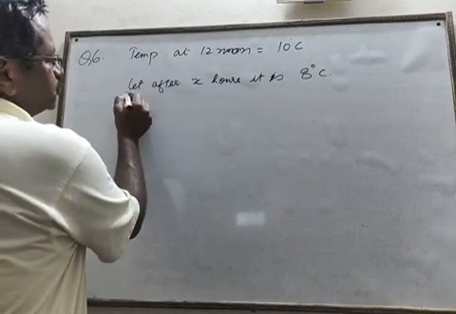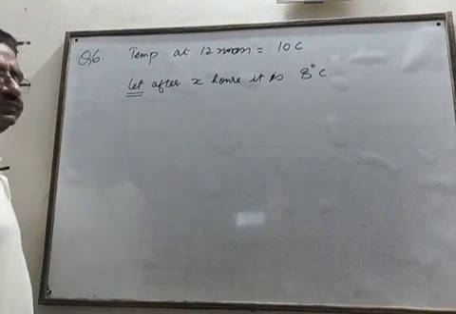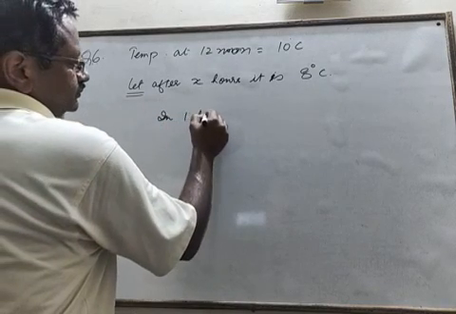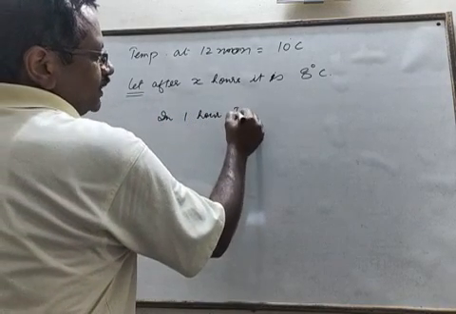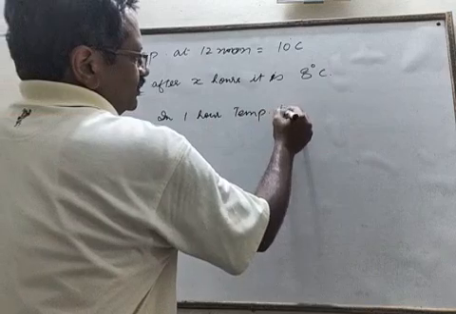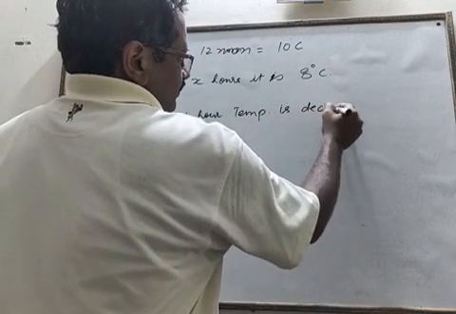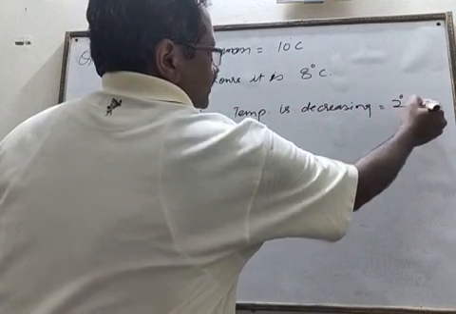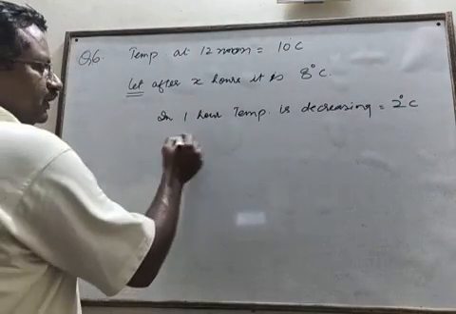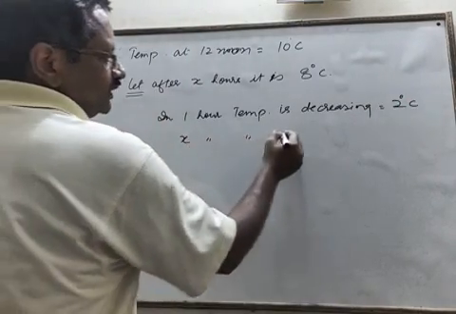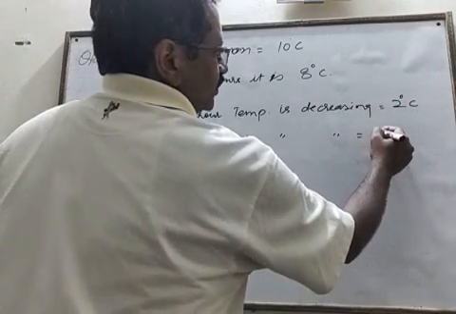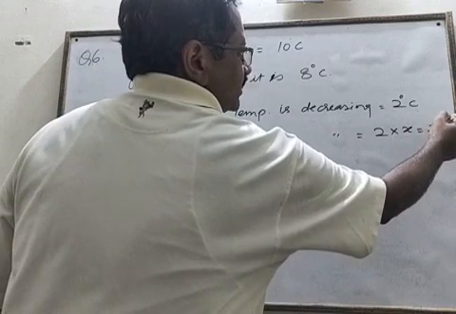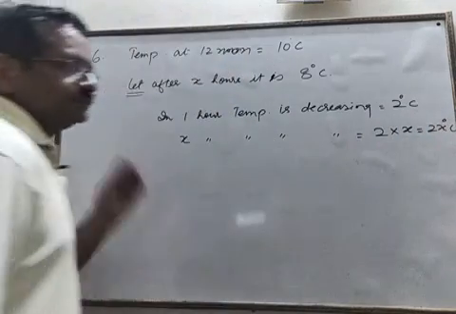So we will suppose, in 1 hour temperature is decreasing 2 degrees Celsius. In x hour temperature will decrease 2 into x, 2x degree Celsius.